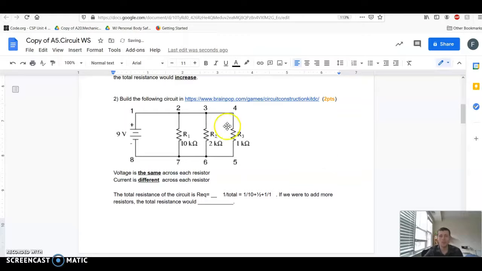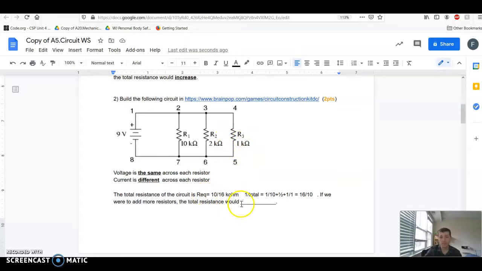So you're getting the inverse of each resistance, adding them up, and that will give you the inverse of the total resistance. Okay, 1/10 plus 5/10 plus 10/10 is going to give you 16 over 10. And if we were to take the inverse of both sides, 1 over total will become the total is equal to 10 over 16. Now notice 10 over 16 is less than 1 kilo ohm. So it's less than even the smallest component here.